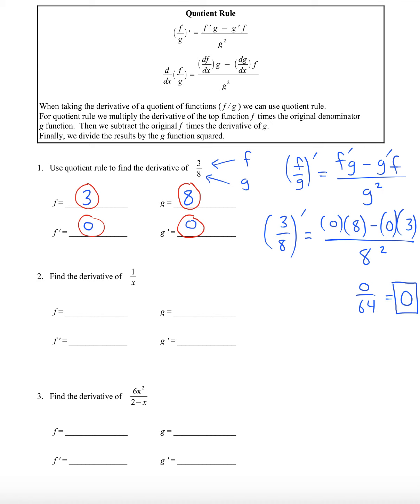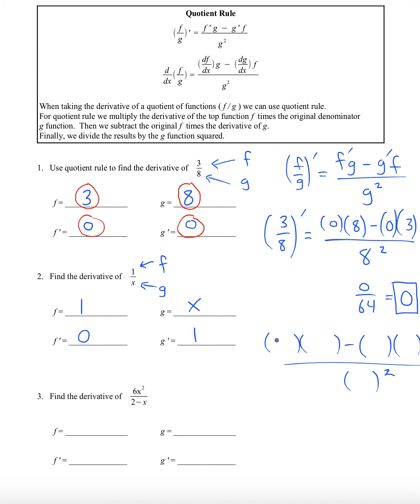Let's try the derivative of 1 over x. F can be 1 and g can be x. We'll get the necessary derivatives here, 0 and 1. Now we'll plug into their respective places. That's the basic form of the quotient rule.